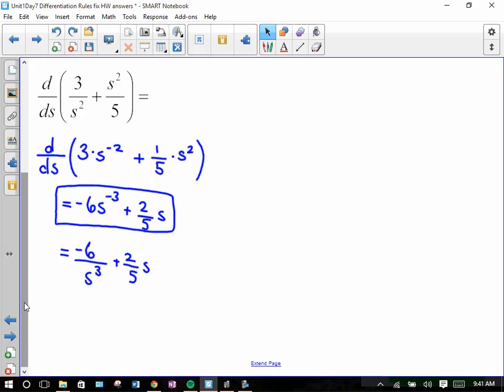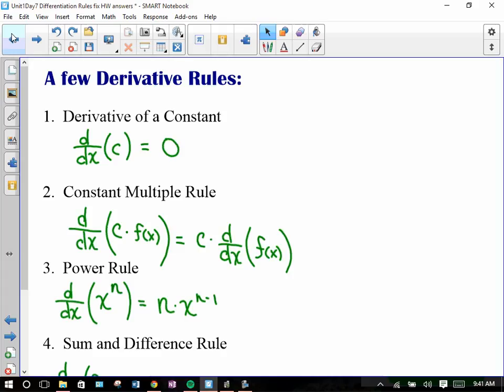Any questions on that one? Are those rules making sense so far? Basically, for every problem where we have to use every rule, you don't have to think through each one.